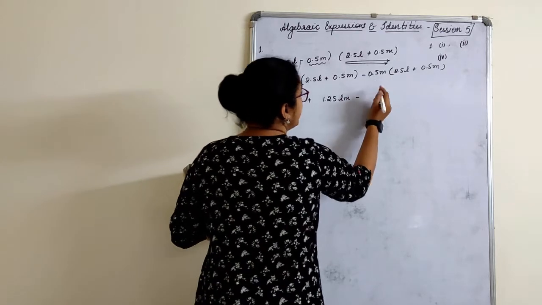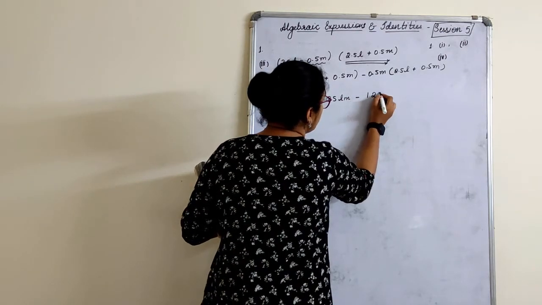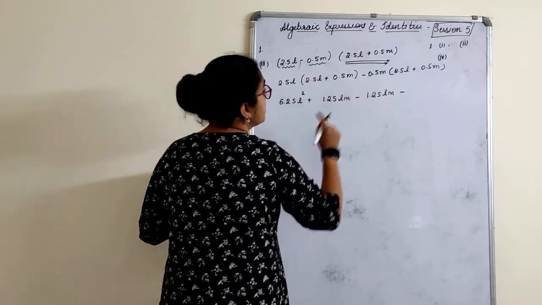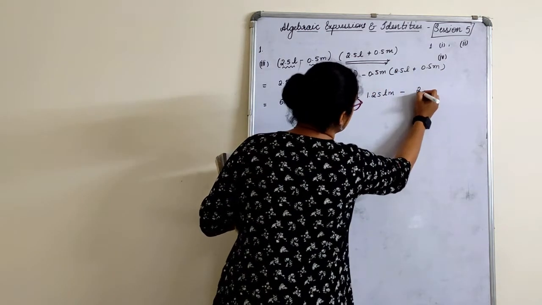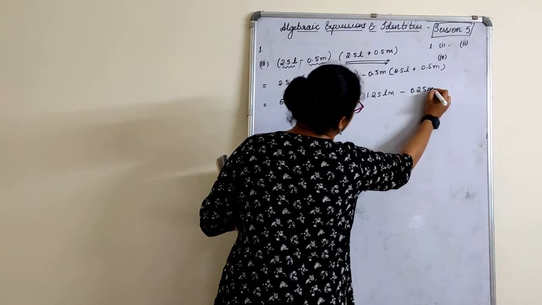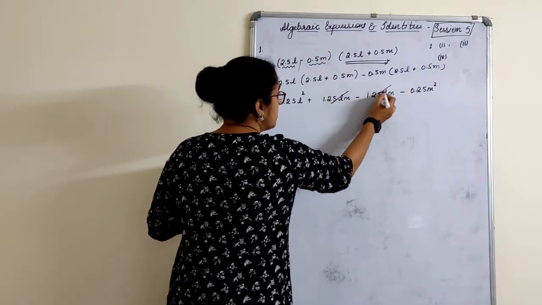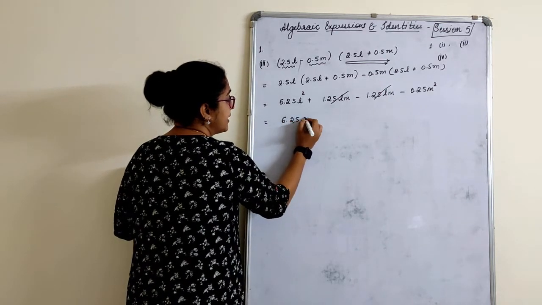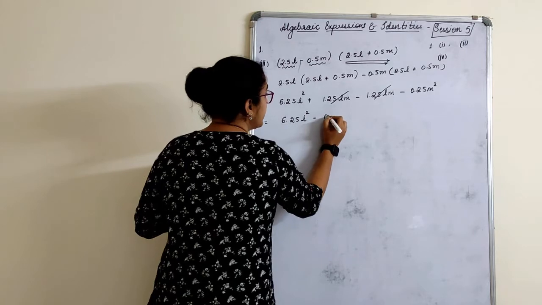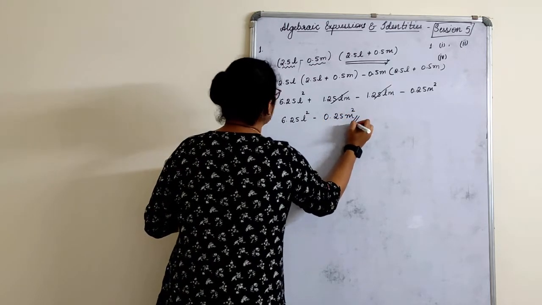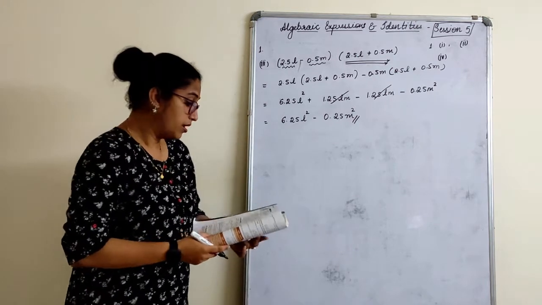Minus 25 times 5 is 125 LM, minus 5 times 5 is 25, decimal after 2, M square. Plus minus cancelled. 6.25 L square minus 0.25 M square is the answer.